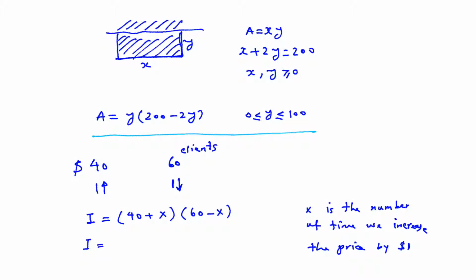This income can be written as 2,400 plus 60x minus 40x, 20x minus x². We are looking for maximum of this function. Again, we are dealing with maximum or minimum of a function.